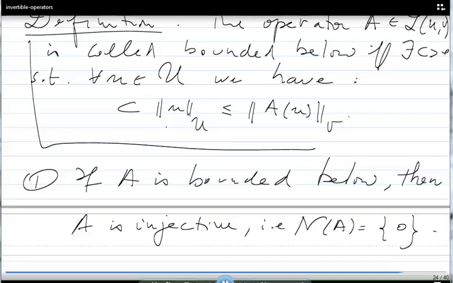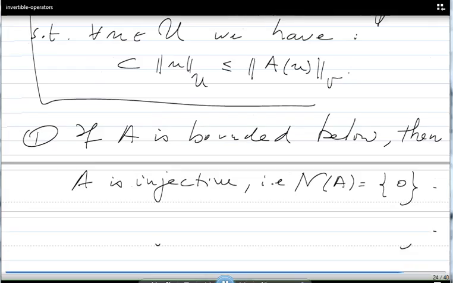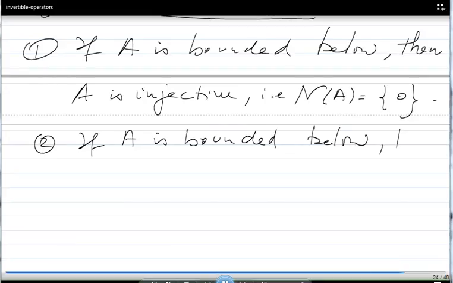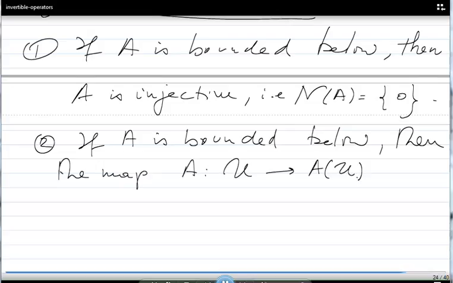Okay? So now, if we restrict A, as we said earlier in the introduction, if A is bounded below, then the map A, which this time goes from U to A of U, not to the entire space, is a bijection.